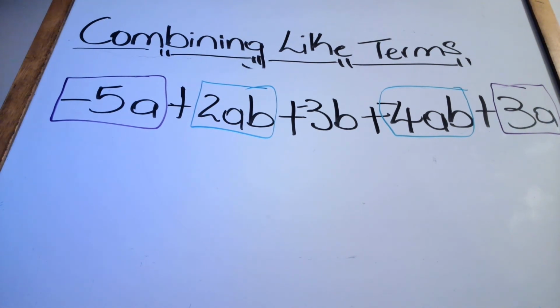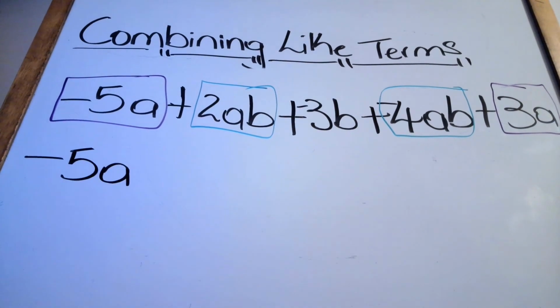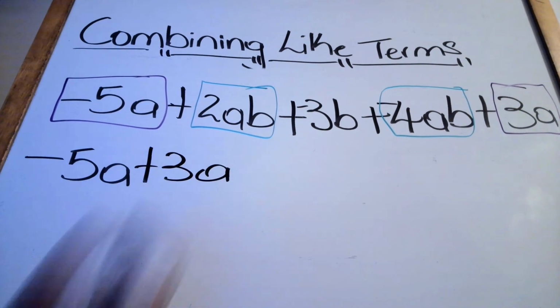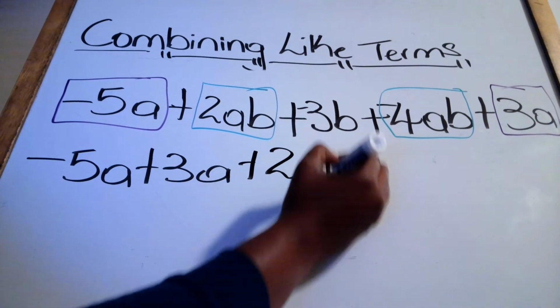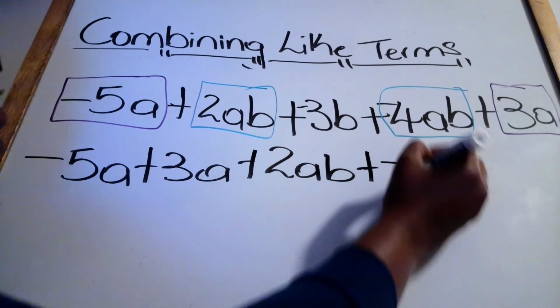Alright? So remember, like terms have the same variables and the same exponent. Alright? After identifying the like terms, next step is to group them. And grouping meaning you're putting them beside each other. So I would have negative 5a, that would be like term with 3a, so plus 3a. We have plus 2ab, that would be like term with negative 4ab.